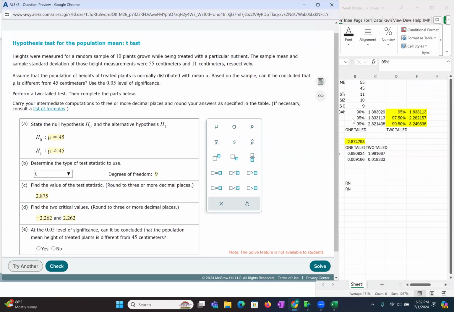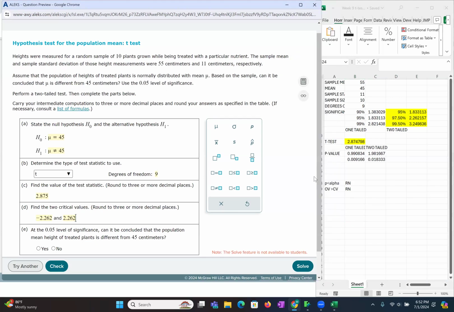So, can it be concluded that the population mean height of treated plants is different? I'll say it again, OV greater than CV.